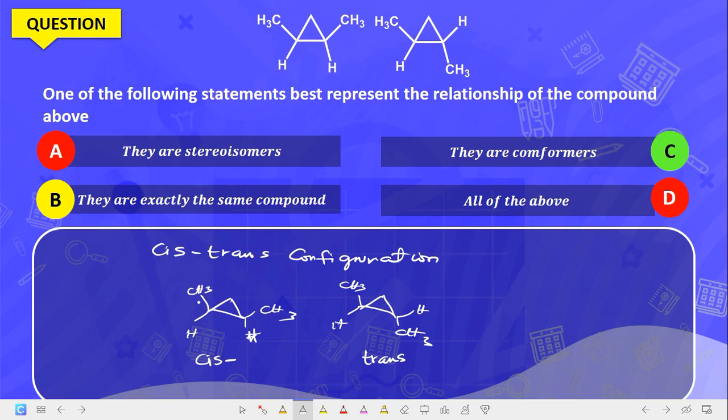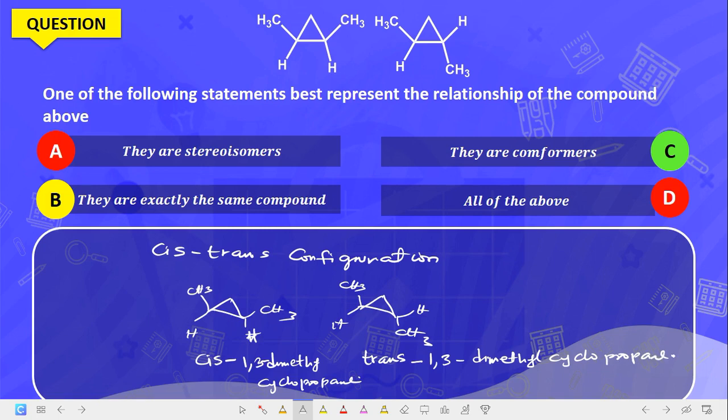Now what is their name? This is 1, 2, 3. So this is 1, 3 dimethylcyclopropane. That's the name of this compound: cis 1, 3 dimethylcyclopropane. And this one is trans 1, 3 dimethylcyclopropane.